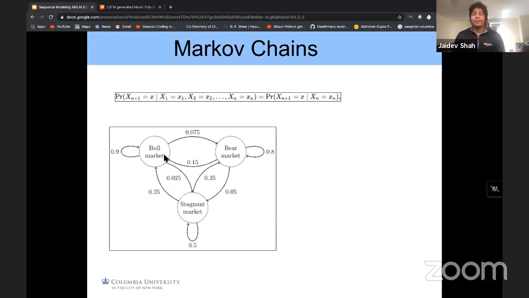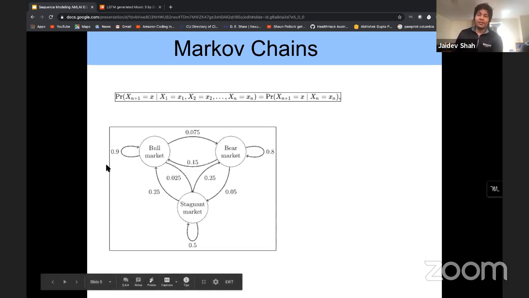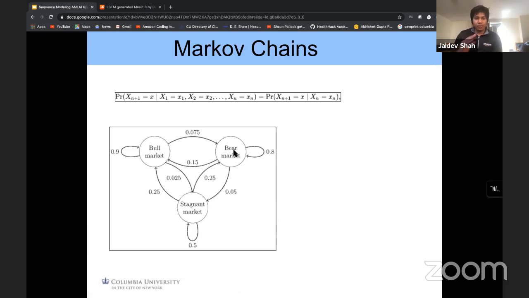This is a very simplistic example, but these three nodes represent three different states of the market: a bull market, which is a growing market, a bear market, which is a decreasing or falling market, and a stagnant market.